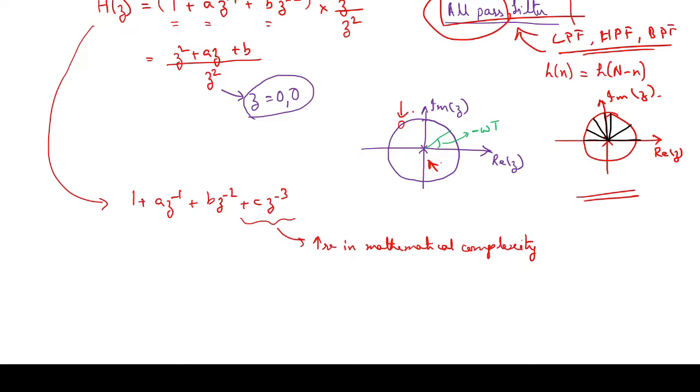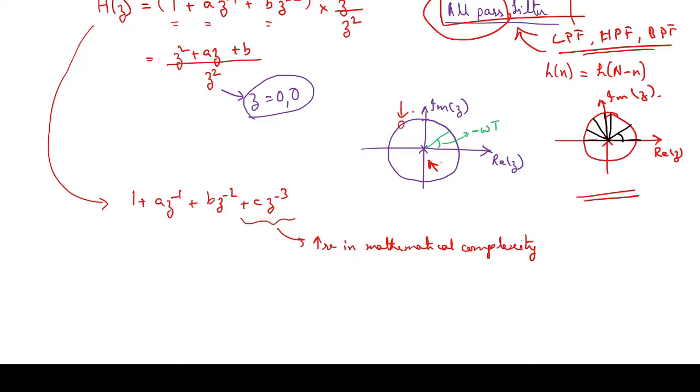Amplitude response is not getting changed, but that does not mean the phase response will not change. The phase response would be minus omega t always. What is phase? These angles are the phase, right? So the phase would be changing. However, the amplitude response will not be changed.